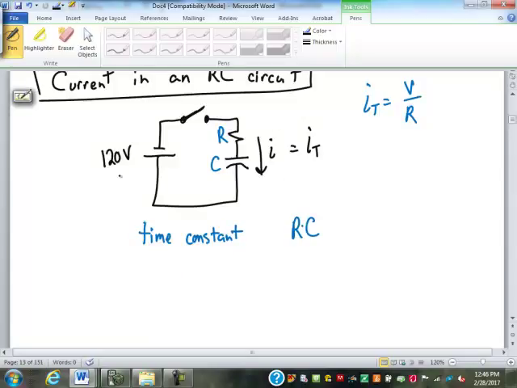So let's take this circuit up here. We've got a 120 volt source. Let's say our resistance here is 2.5 kilo ohms, and our capacitance is 400 microfarads.